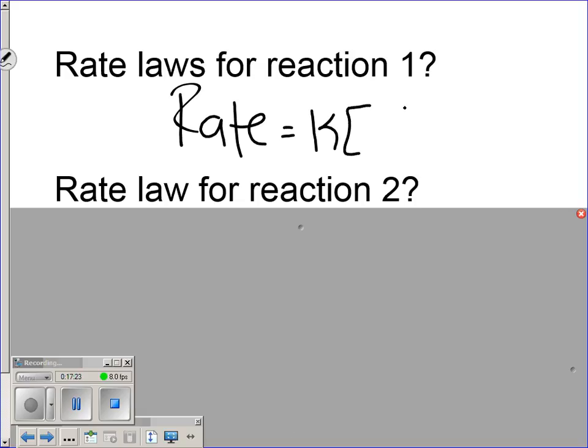K times concentration of screws to the what power. If we said number 1, what was the order of number 1? 0, which is 0 power. So we would write screws to the 0 power, so that would just be rate is equal to K. K is a constant.